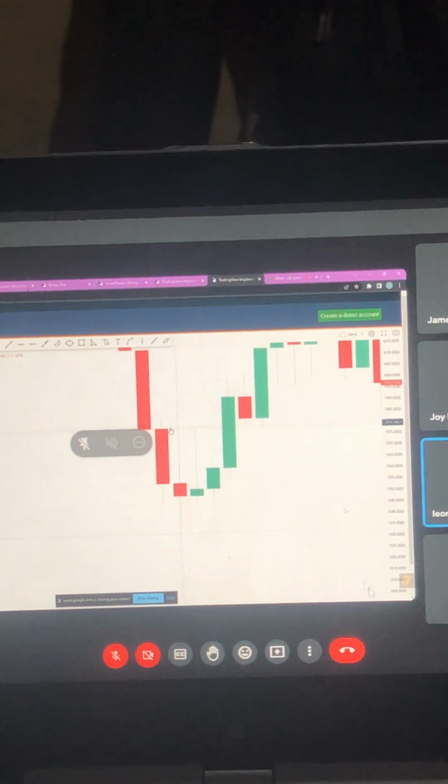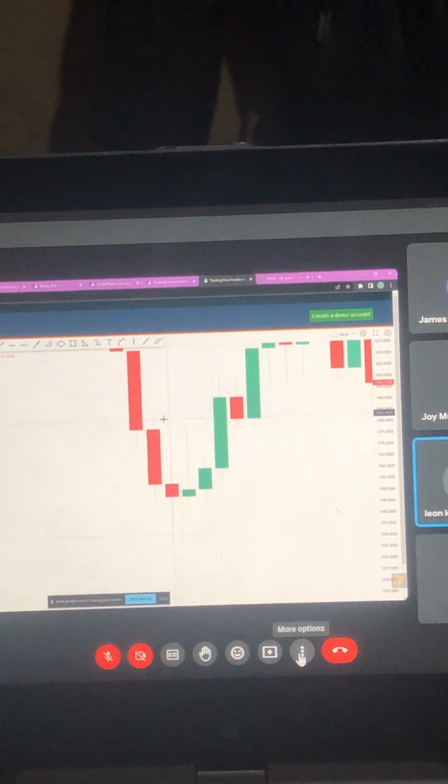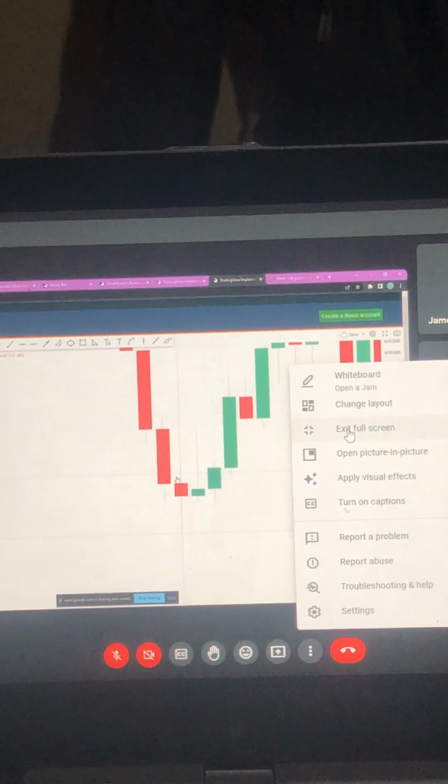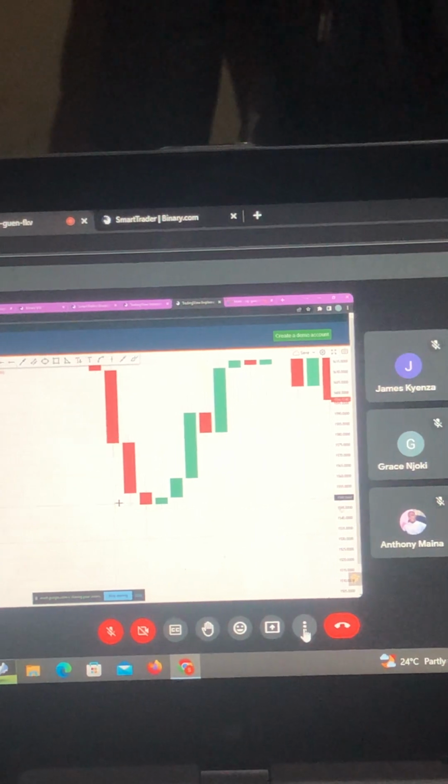So let's structure this candle at the bottom. We're talking about this. So this candle will open here, right? Here. It went up and made the high and then went down to the lowest point. You can see this was the lowest point and then the candle came and closed here.